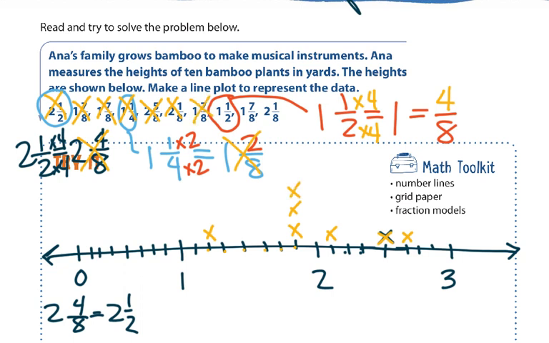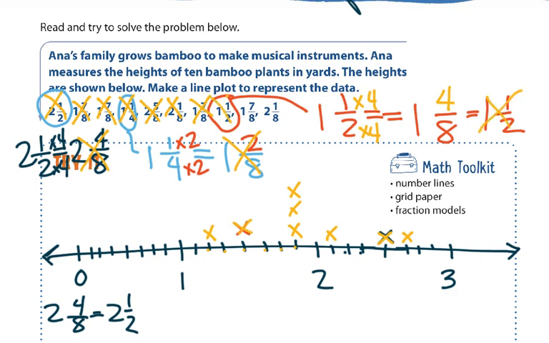1 4/8. Oh, this just needs to be a 1. Did you also see that this is 1 1/2 sitting there? 1 4/8. So it's going to be in the middle. 1, 2, 3, 4, 5, 6, 7, 8. 4/8 here. Let's make it the same color.